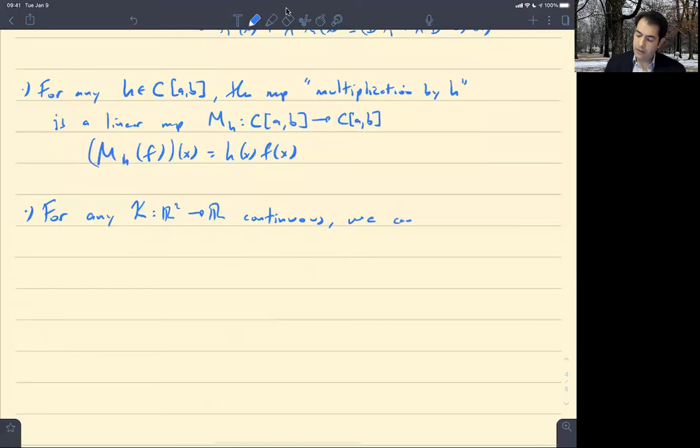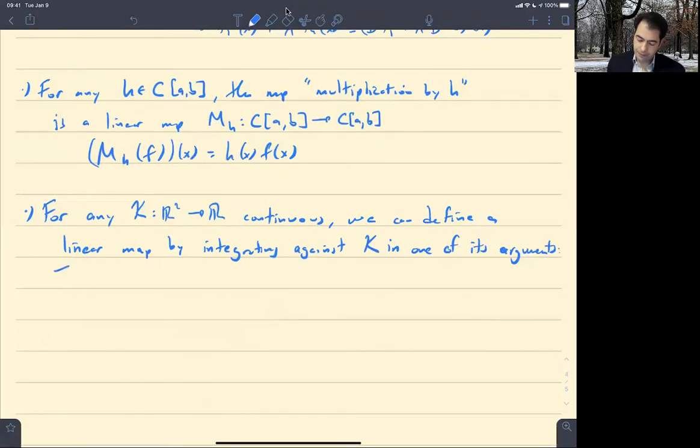We can define a linear map by integrating against k in one of its arguments. So T sub k is going to be a map from continuous functions on AB to continuous functions on AB.